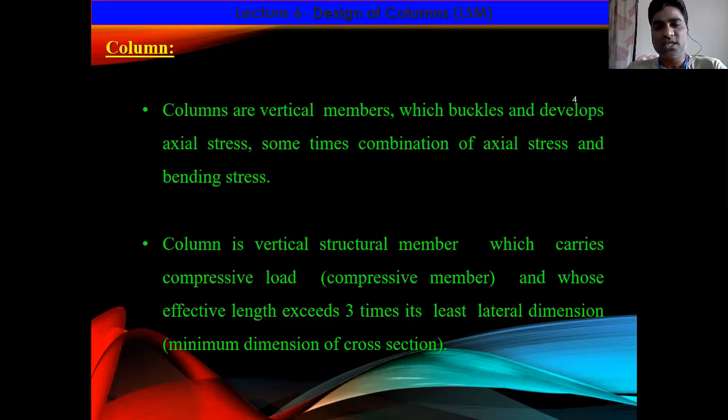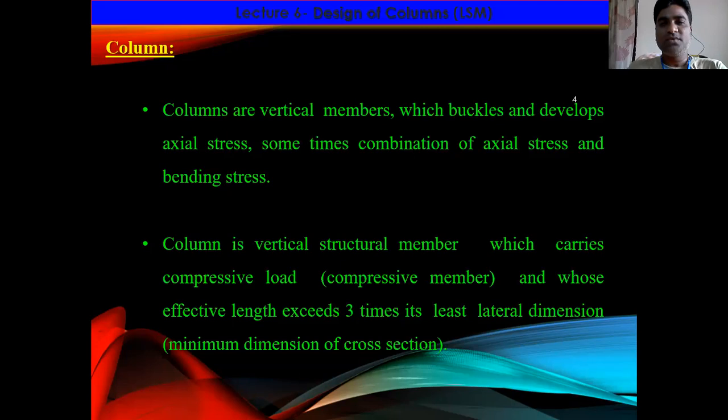The load transmission of a structure is from slab to beams, beams to columns, and columns to footings to soil. So that is the load transmission process, and construction is footings, columns, beams and slabs. The column is a part of the structure, a vertical member which takes the load from the beams and transfers it to the footings.